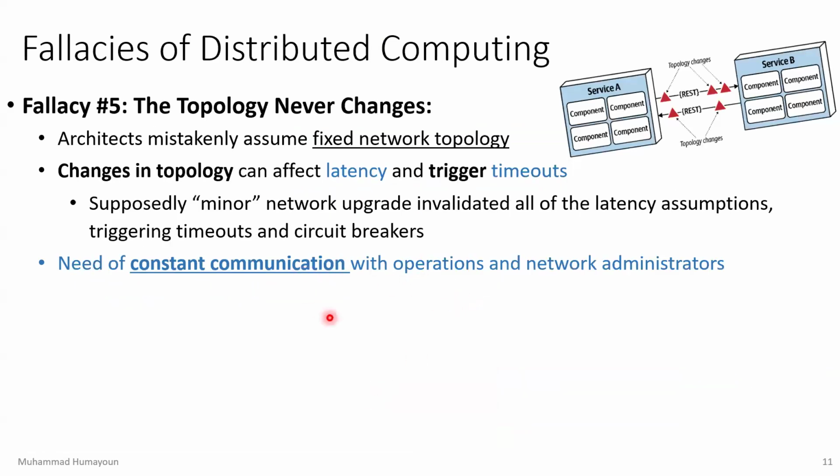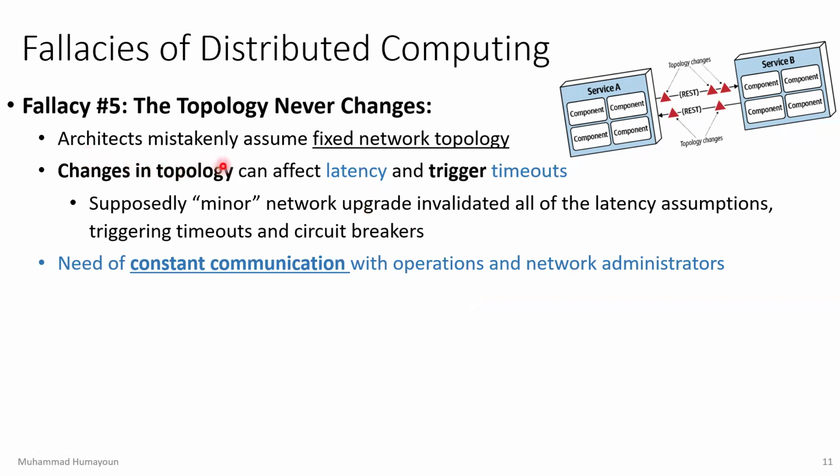Fallacy number five, the topology never changes. The topology, the routers you use, changes all the time. You can have it in distributed computing, within a house, within a lab, within a network. You can have some old routers, you can have new routers, you can have a lot of different kinds of topologies over time.